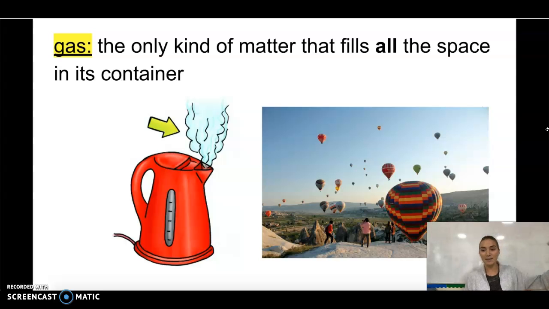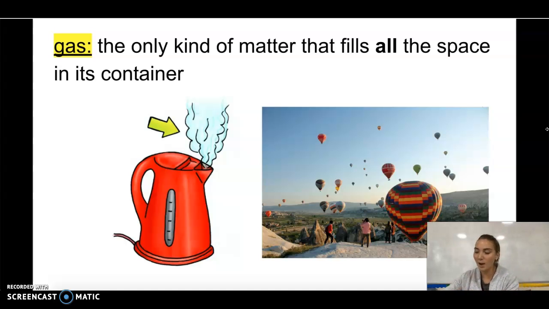If I take some of this air and close it into this bottle, now, this bottle is filled with air. The air is the shape of this bottle, and it fills the whole bottle, so it does not keep its same size. If I were to open this bottle and let all the air out, now it fills the space in the room. It fills the space in the room because that is its container.